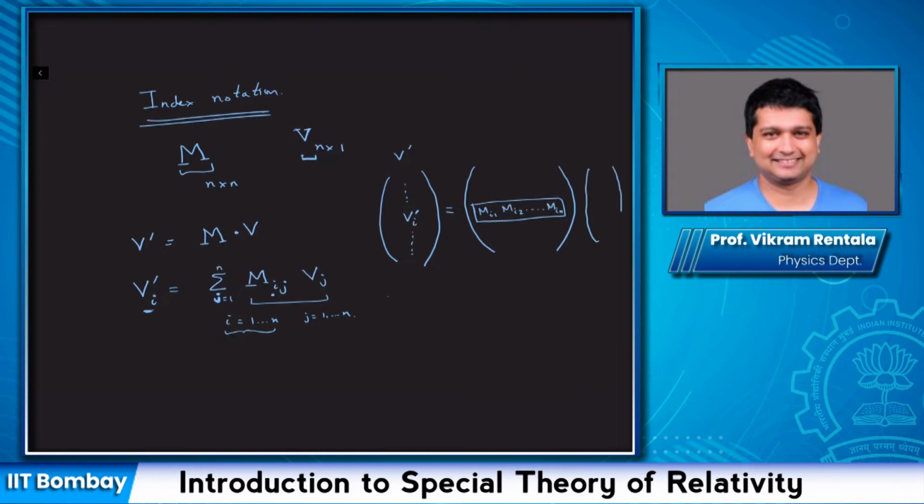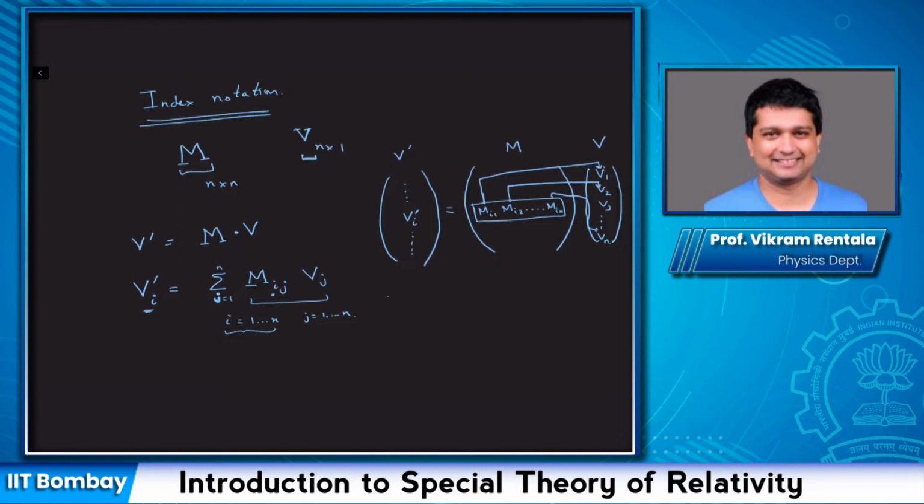Then we find the corresponding vector v, and we take the entries v1, v2, v3 till vn, and we multiply Mi1 by v1, Mi2 by v2, and so on, and Min by vn.